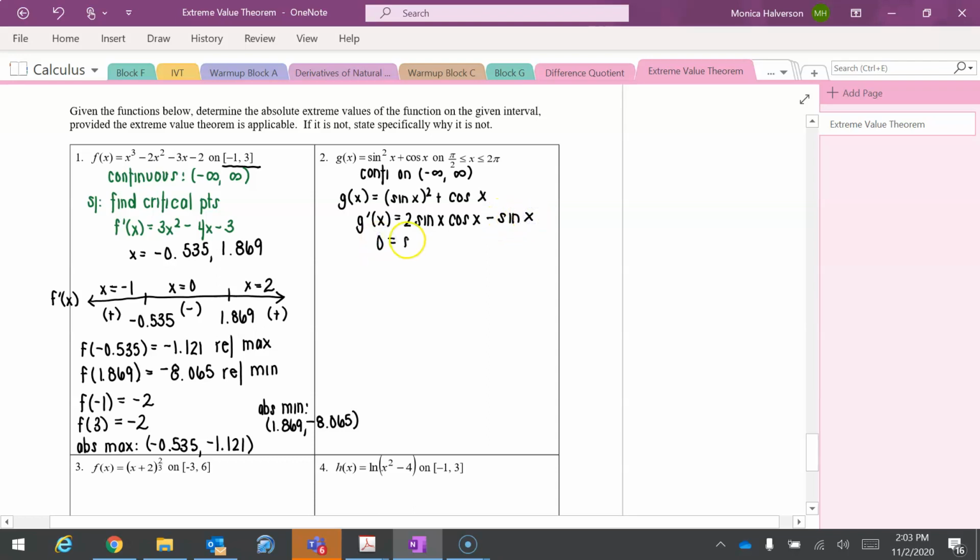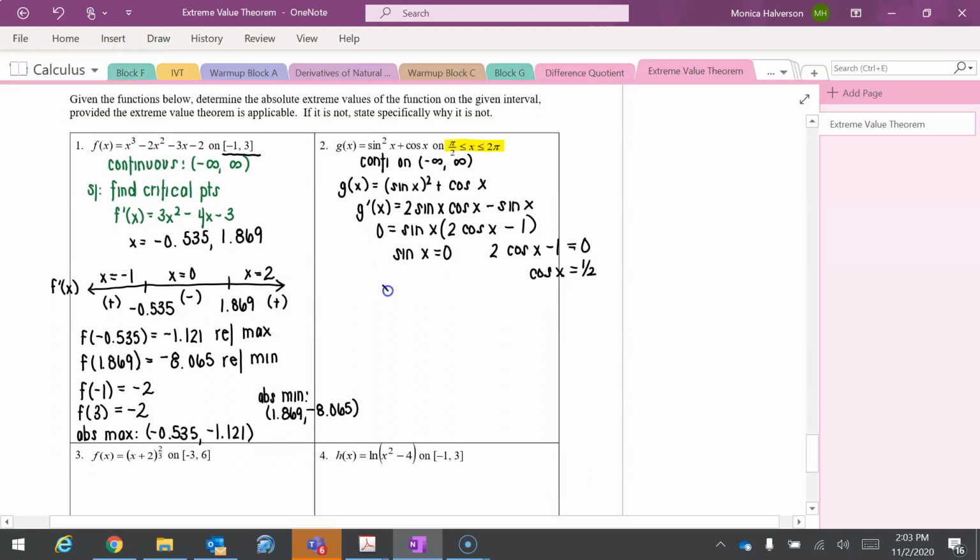We're going to set it equal to 0 and factor out sine x. And we get 2 cosine x minus 1. So sine x equals 0, and 2 cosine x minus 1 equals 0. So cosine x equals 1/2. Now, what's really important here is that we look at our interval, because our interval will tell us what values we can include. Because we know that sine x equals 0 at 0 and pi.